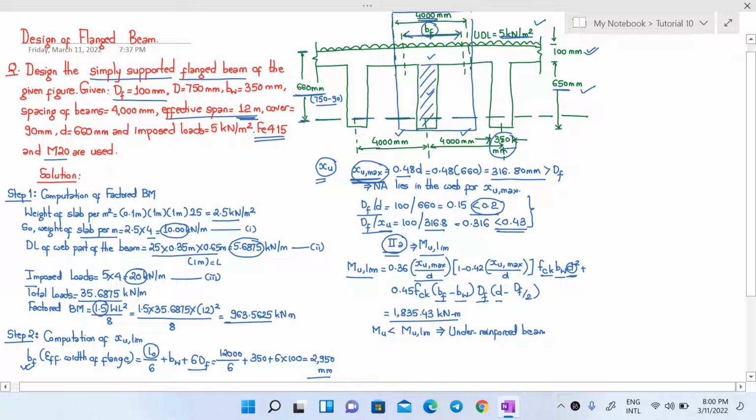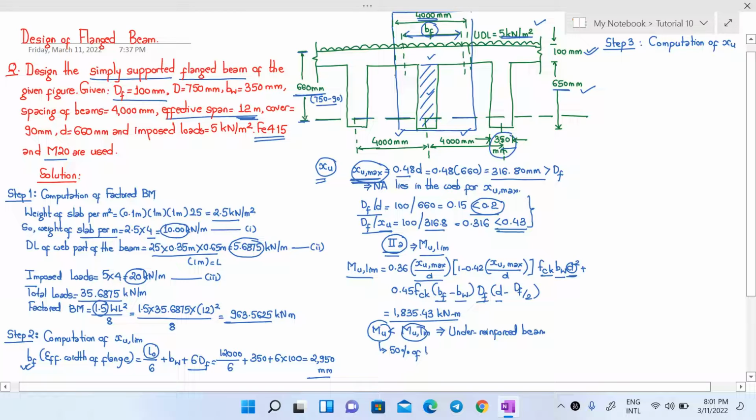Now once we know that we have to design a doubly reinforced beam, let us go to our third step, in which now we will calculate the actual value of Xu. So this is computation of Xu. Here we have seen that Mu value is less than Mu limiting, and this value of Mu is almost 50% of Mu limiting.